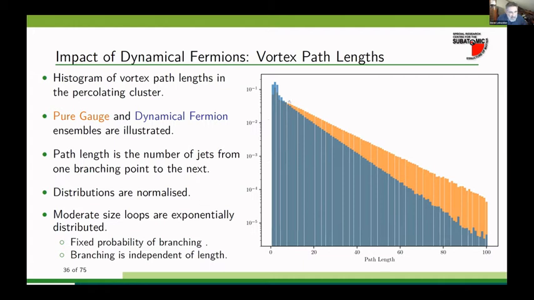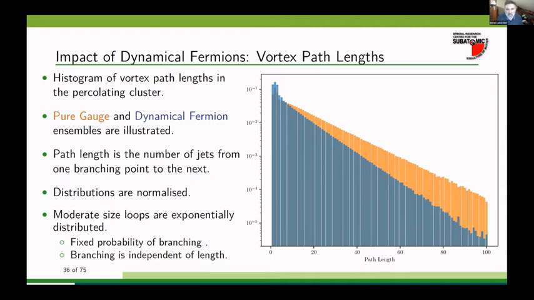So what you can see is that for moderate sized paths, in both cases, you have an exponential distribution. One way of interpreting what that means is that there's a fixed probability of branching. Imagine yourself being one of the vortex paths. At each step, there's a finite probability that you'll branch through a monopole or any monopole structure.